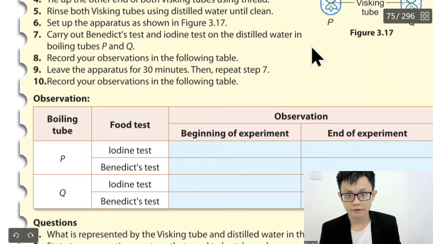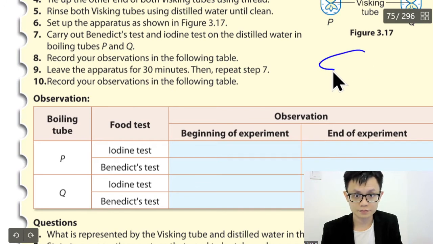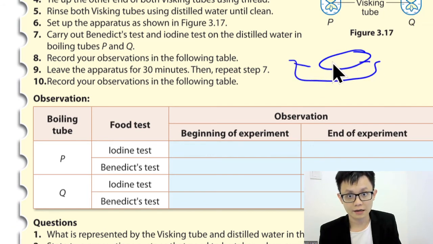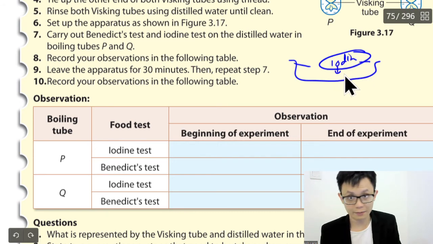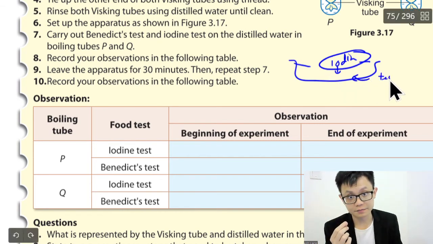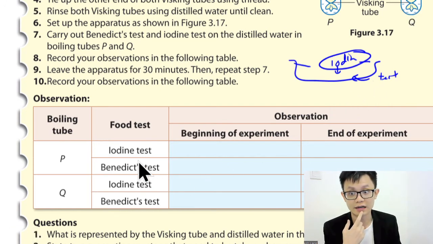If I take the whisking tube, and this is the whisking tube, I put water here. Let's say I put starch inside. The starch won't come out because the starch molecule is big. So I test it. How to test for starch? I use the iodine test.